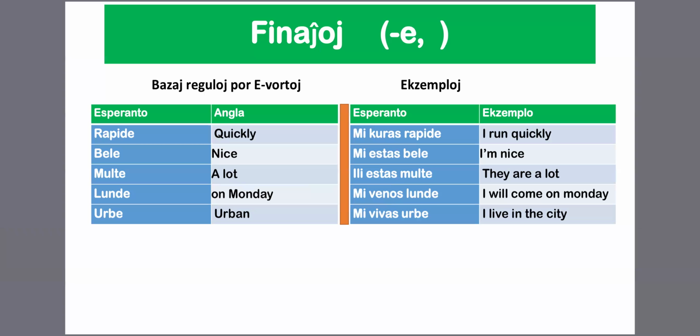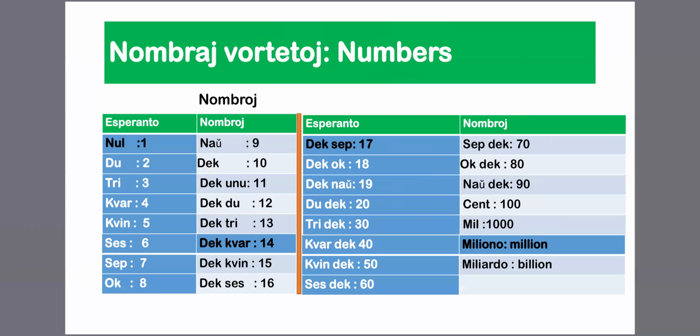So guys, let's proceed. Now we are starting with numbers. Les nombres. Numbers in Esperanto. Nombro. Nombra vortetoj. So here also we need to know how we are counting numbers. I'm starting with 1 up to 10.